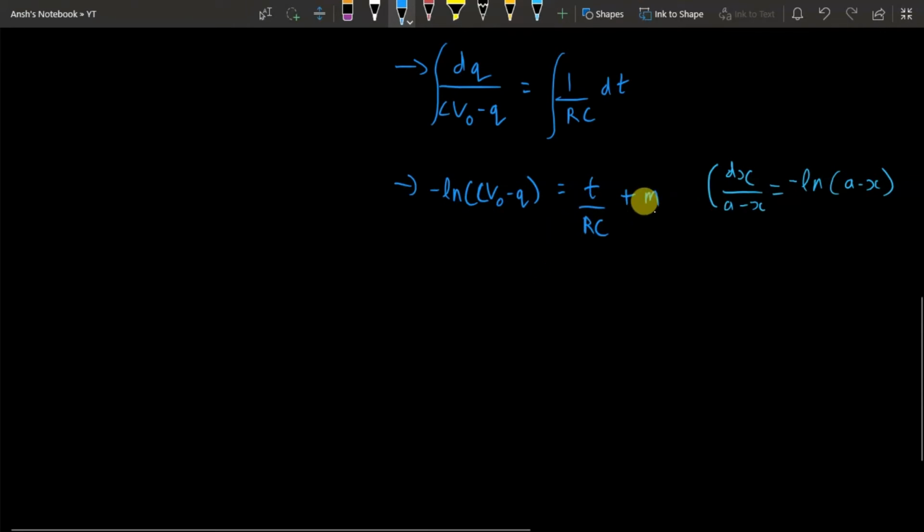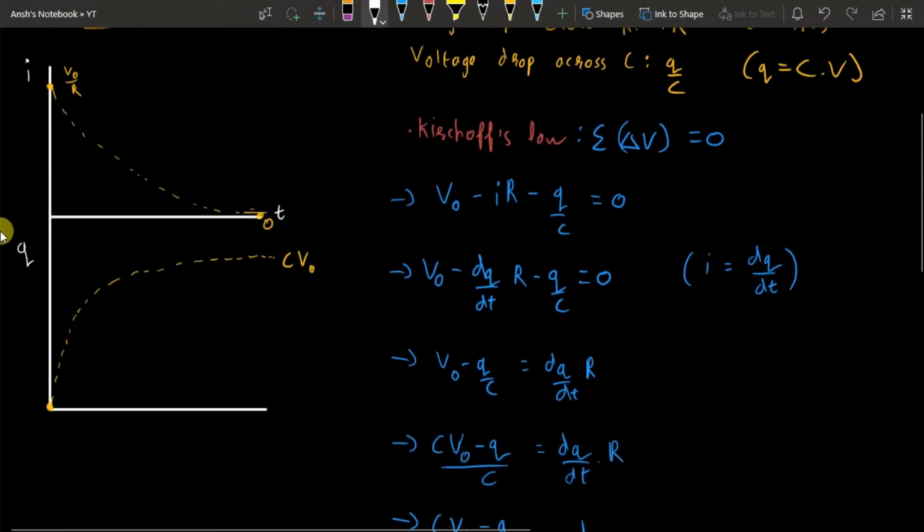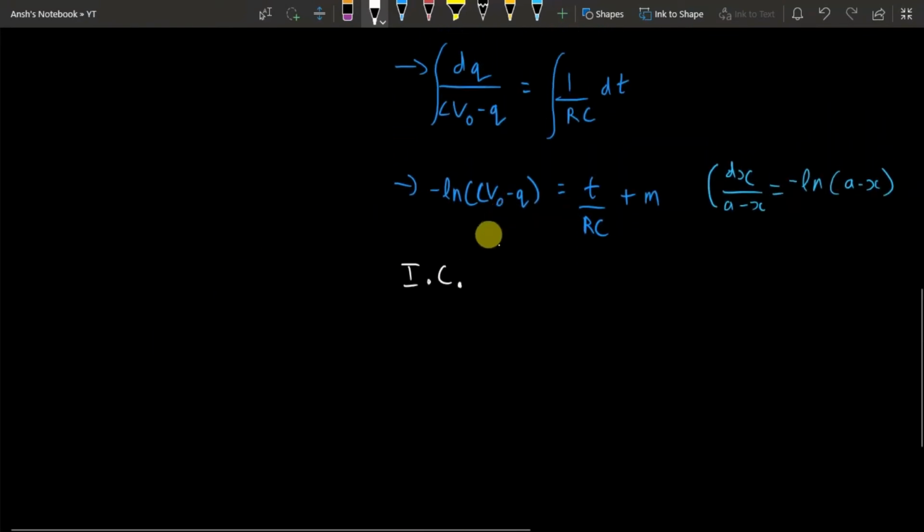To find out what m is, we'll be using an initial condition that we saw earlier: the charge stored in the capacitor is 0 at time t equals 0, and we can use this to our advantage in the equation that we just derived.